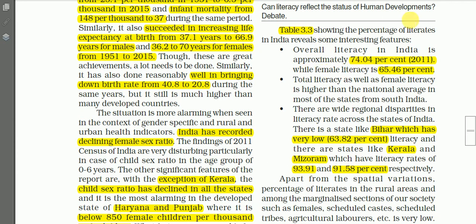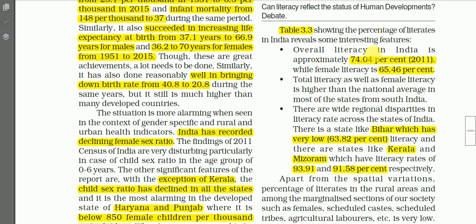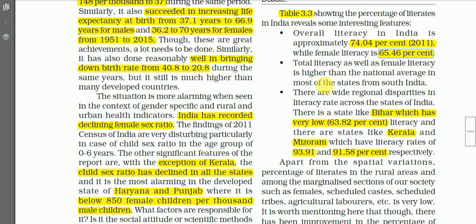Overall literacy rate in India is approximately 74.04%, and female literacy is 65.46%.